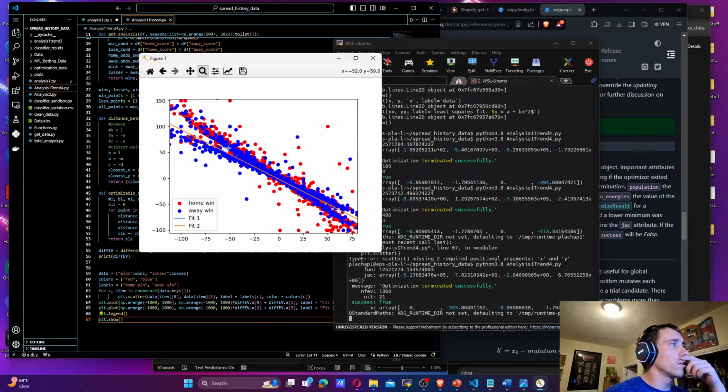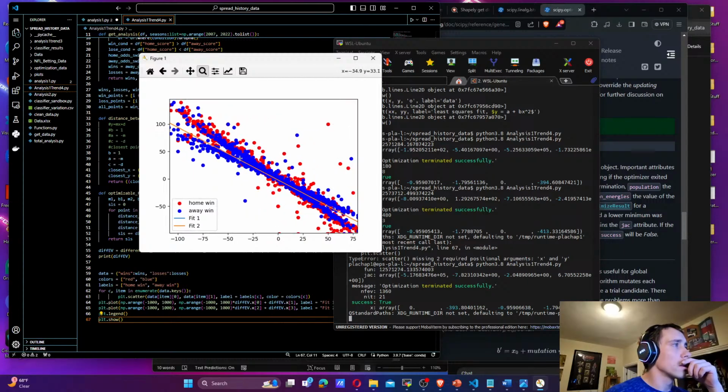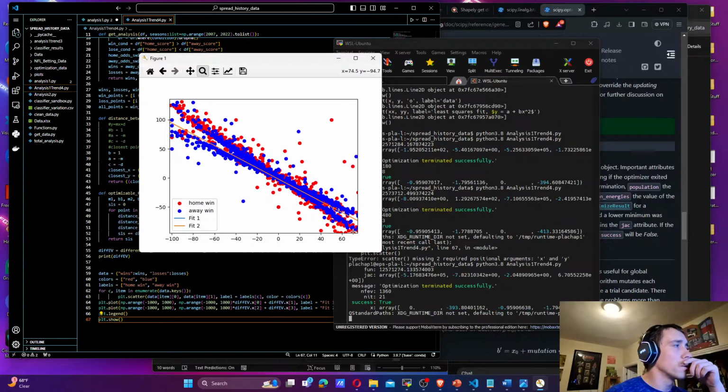I mean, there are two different lines. Maybe we could isolate them if we zoom in. So maybe cut out all data that isn't between minus 50, minus goes more in that direction.